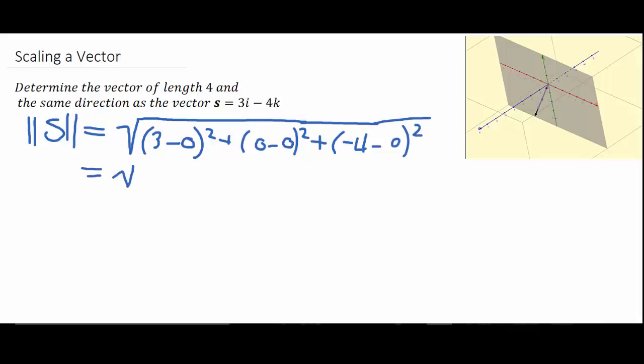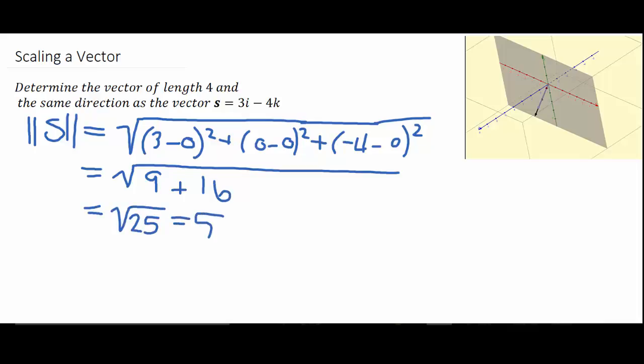So the length here is 9 plus 16, the square root of 25, which equals 5. The length of my vector s is 5. If I take my vector s and divide by the length 5, then I'll get my unit vector.